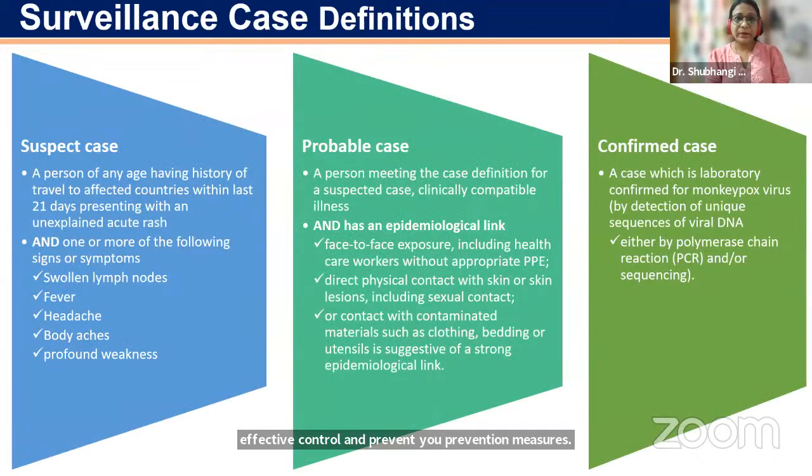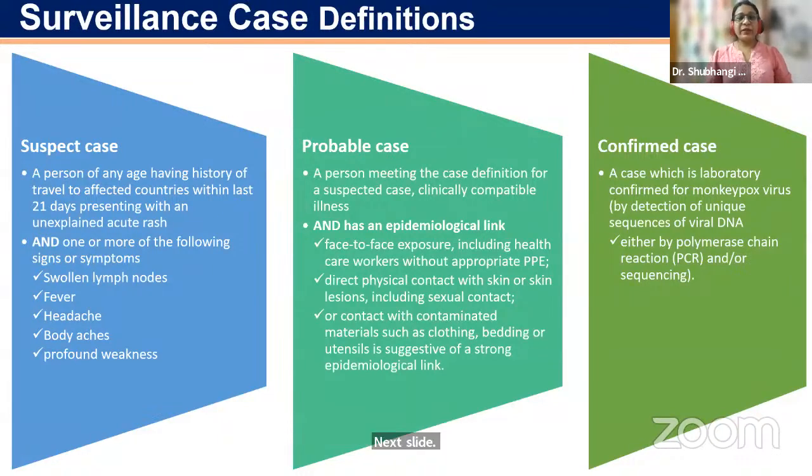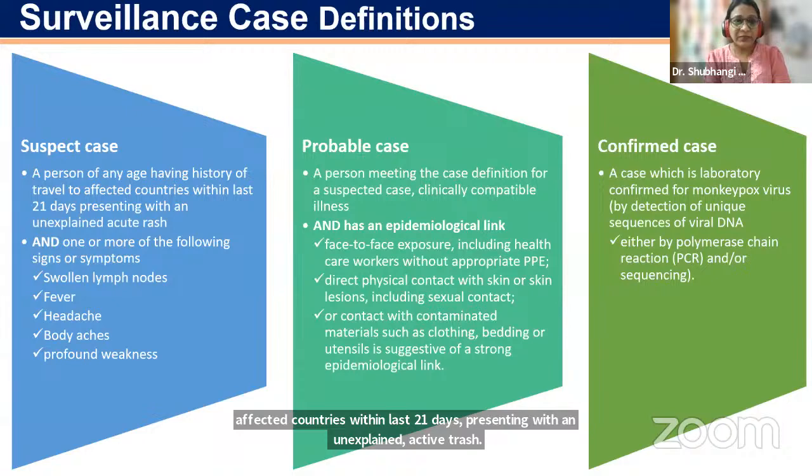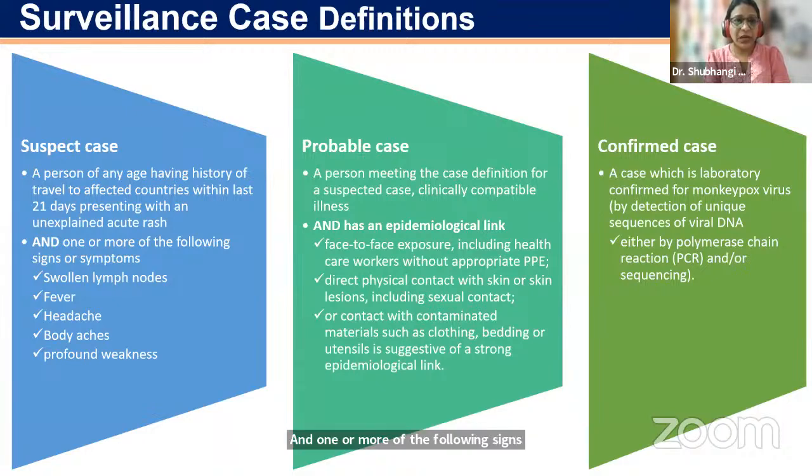Next slide. This was also covered, but I would like to talk about the definitions again, because they are going to help us in surveillance. When do we call a case a suspect case of Mpox? A person of any age with a history of travel to affected countries within the last 21 days, presenting with an unexplained acute rash and one or more of the following signs and symptoms: swollen lymph nodes, fever, headache, body aches, profound weakness.